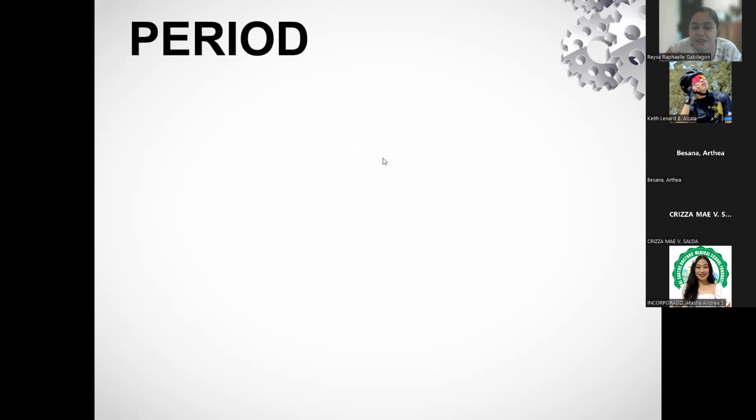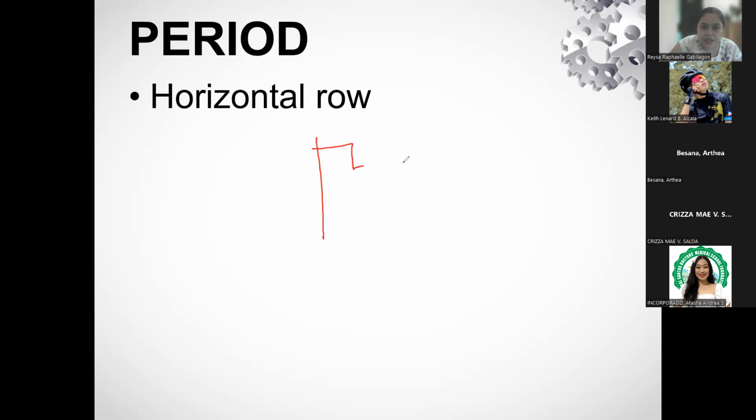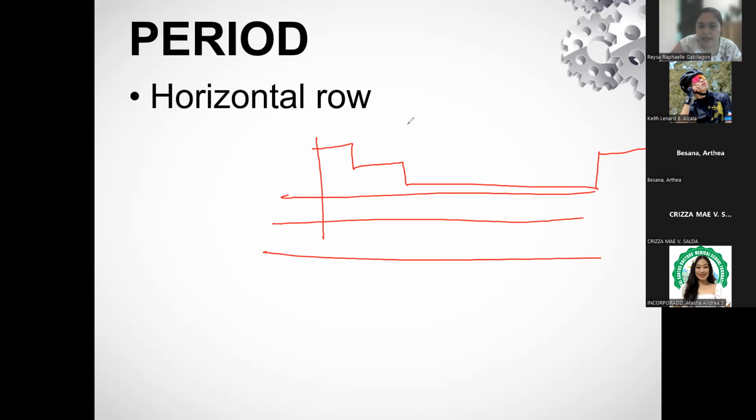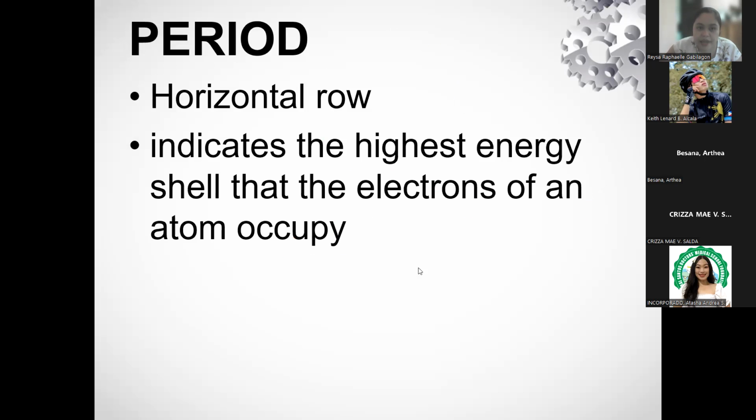Okay, let's continue. Now, I also mentioned this last time. We have the period, or the horizontal row of the periodic table. So it is horizontal. Take note that we have 7 periods in our periodic table. What does a period represent? It indicates the highest energy level or shell that is being occupied by electrons.